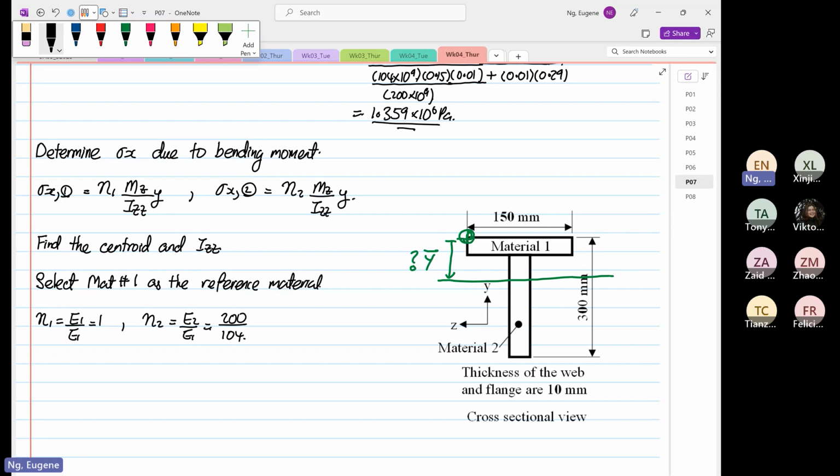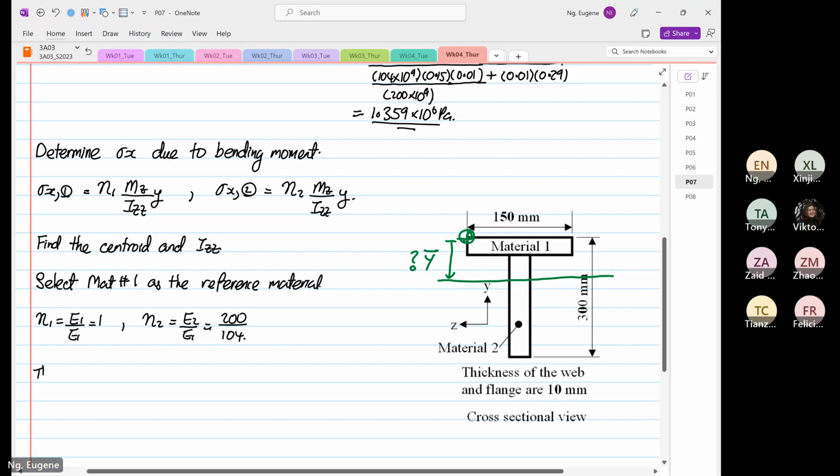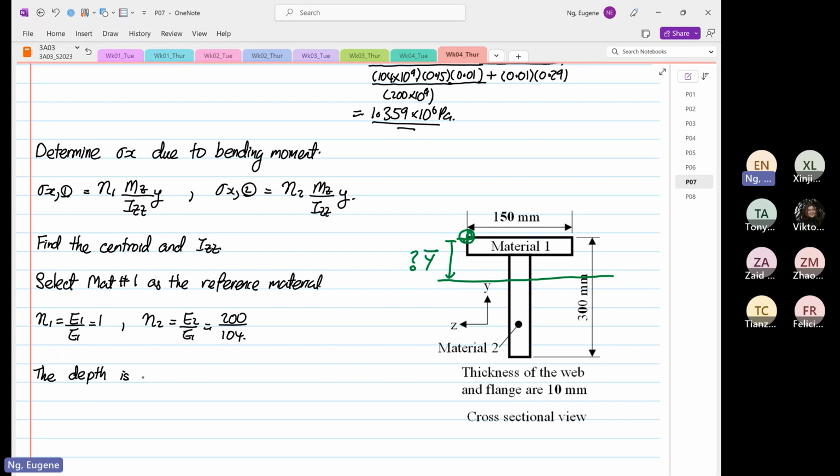But always remember, the height or the depth is held constant.